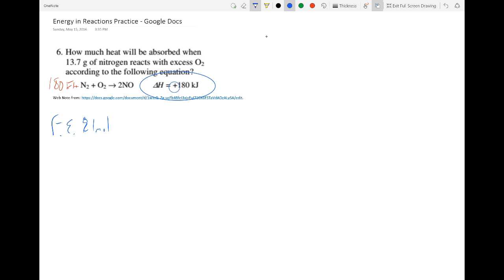1 mole of N2, which is 28 grams of N2, mixed with 1 mole of O2, which is 32 grams of O2, mixed with 180 kilojoules of energy, we get 2 moles of NO. Each N is 14 and each O is 16, so that's a total of 30.